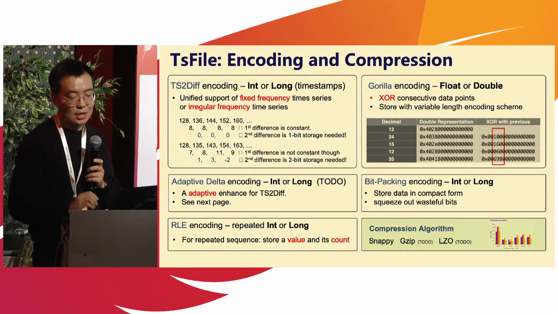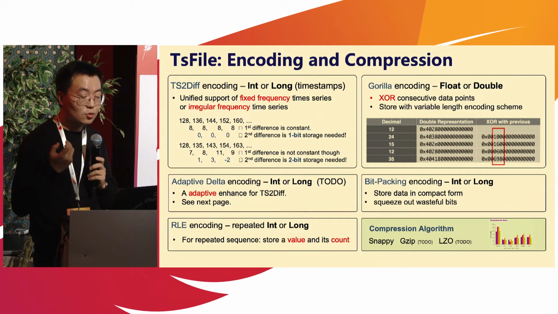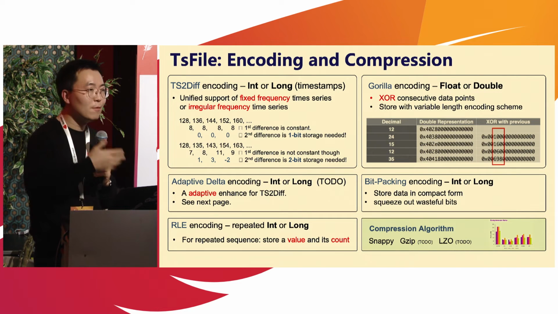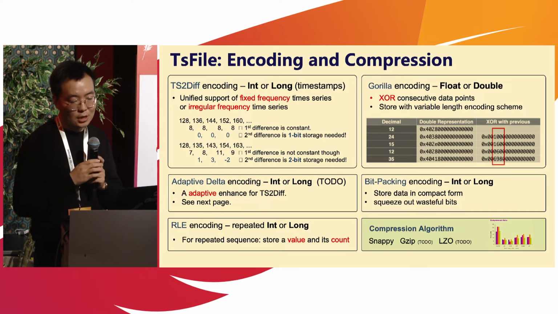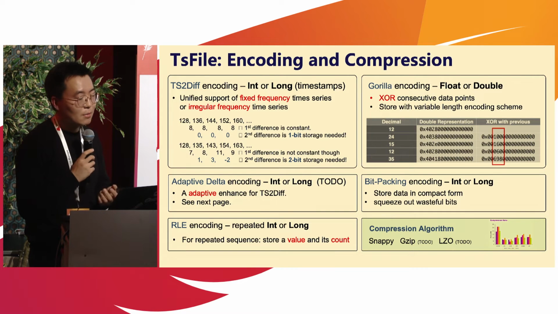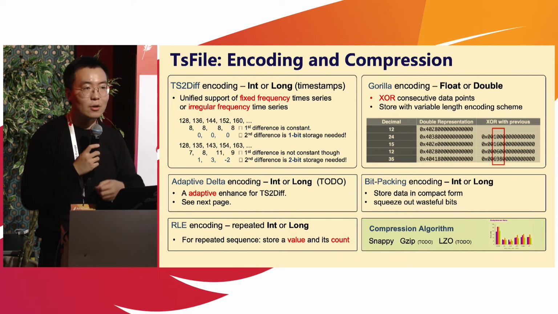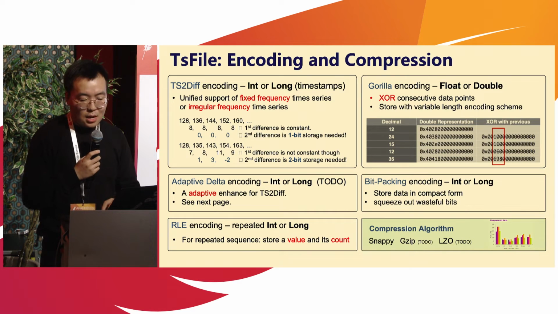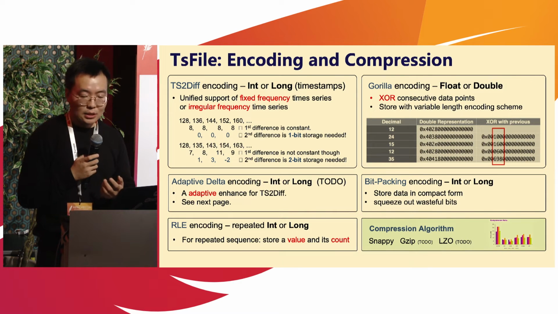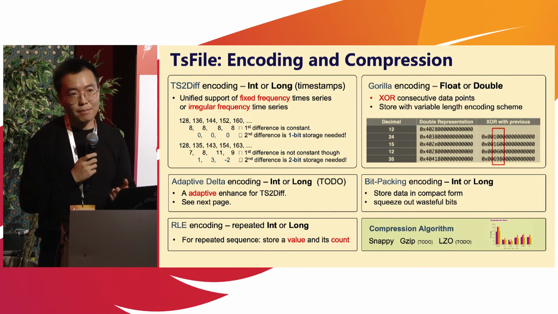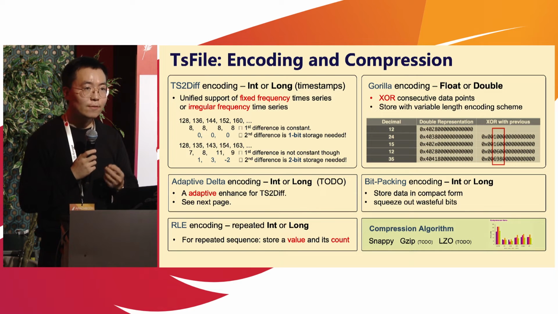And for integers with repeated values, for example 5555, 44444, we adopt RLE, namely run length encoding, and it encodes the repeated sequence by just storing one value and the count. And bit packing is for storing the integer data by using compact bits rather than using 4 bytes.